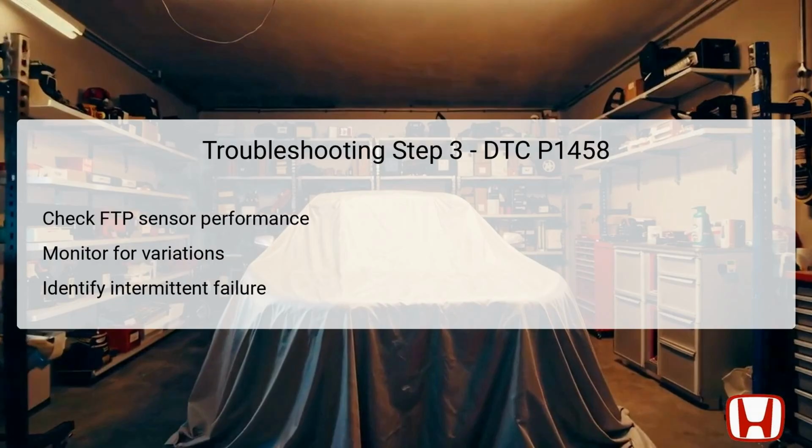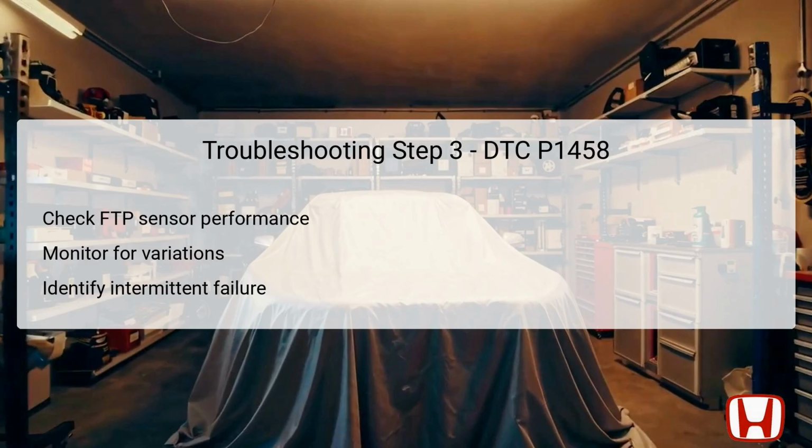The third step focuses on a direct performance check of the FTP sensor. Monitor the recorded values to see if the FTP sensor shows variations of about 0.067 kilopascal over a duration of 3 seconds. This precision evaluation is critical, as consistent readings may suggest that the sensor is functioning properly, while significant variations may indicate an intermittent failure.